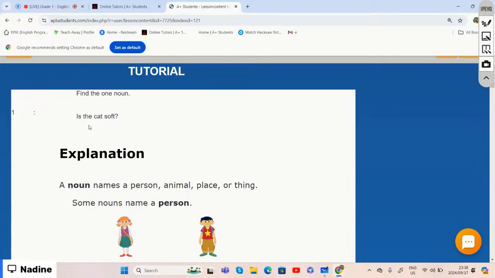Here we need to identify the noun. It says, is the cat soft? What is the noun within the sentence? We need to identify the noun within that sentence. Is the cat soft? Who or what is the noun?